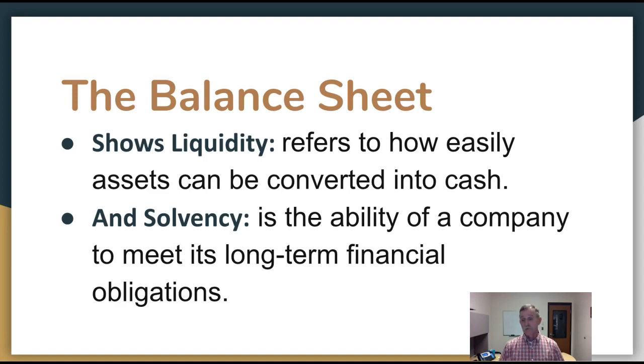We can have access to that cash very quickly by writing a check or using our debit card. There are a few other things in the liquidity category that are fairly readily available to us, and we'll get into that as we go.